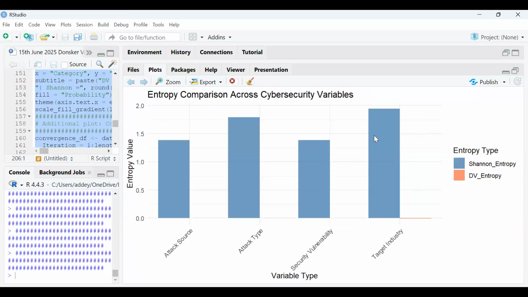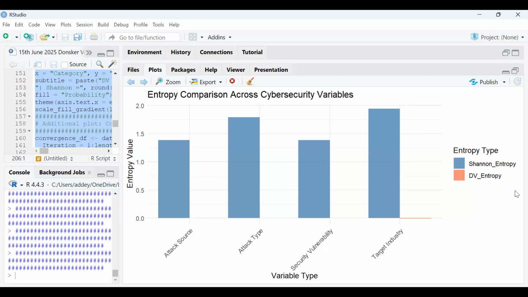So this is the bar graph that shows us these comparisons. Because the DV entropy was almost 0 for these other sources, we don't really see them here, but they are supposed to be here.